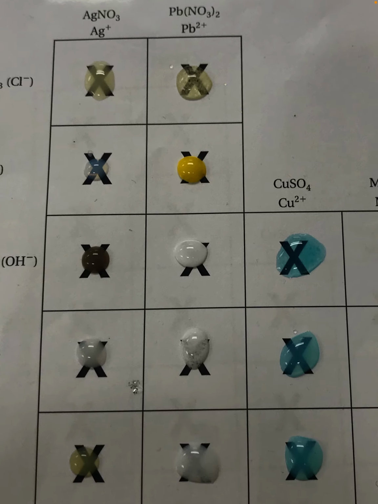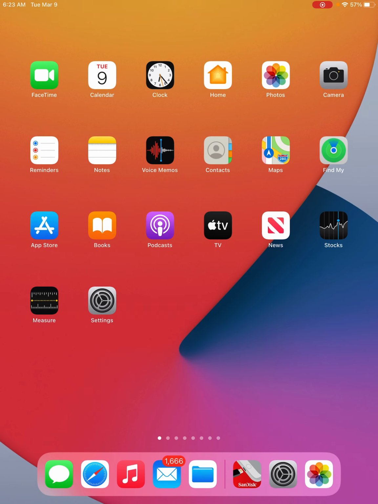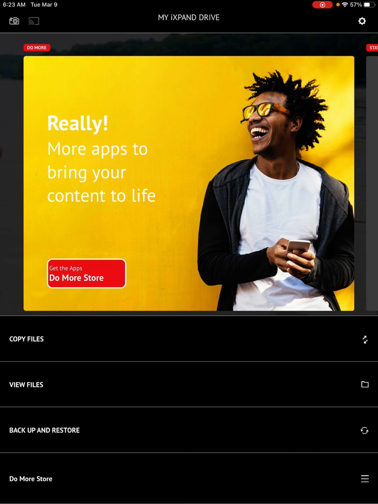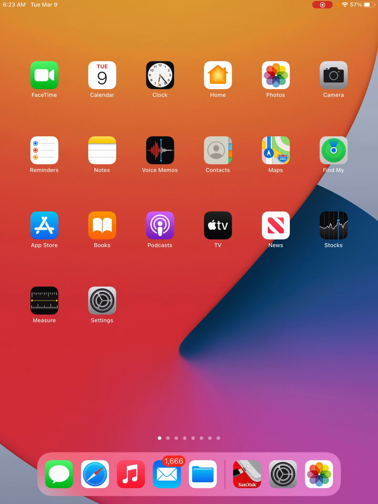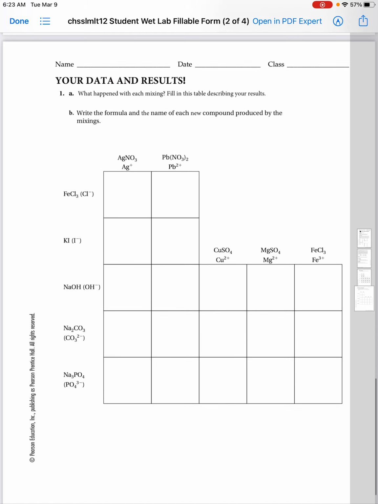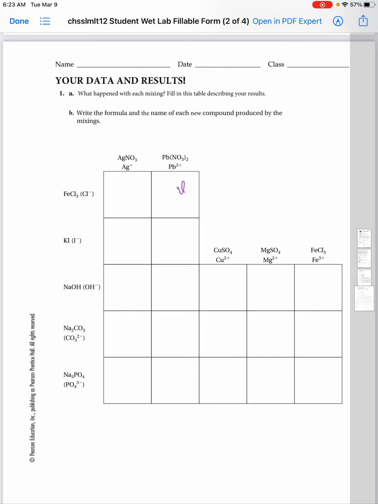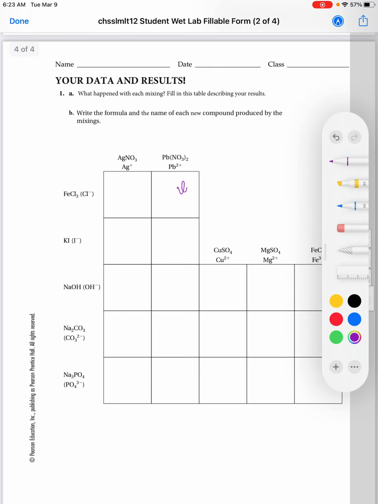So we're going to go through and fill in each box and answer our required data. And so here's what it says. Write the formula name and the name of each compound produced by the mixings. So I'm going to go through and name them and just quickly go through.